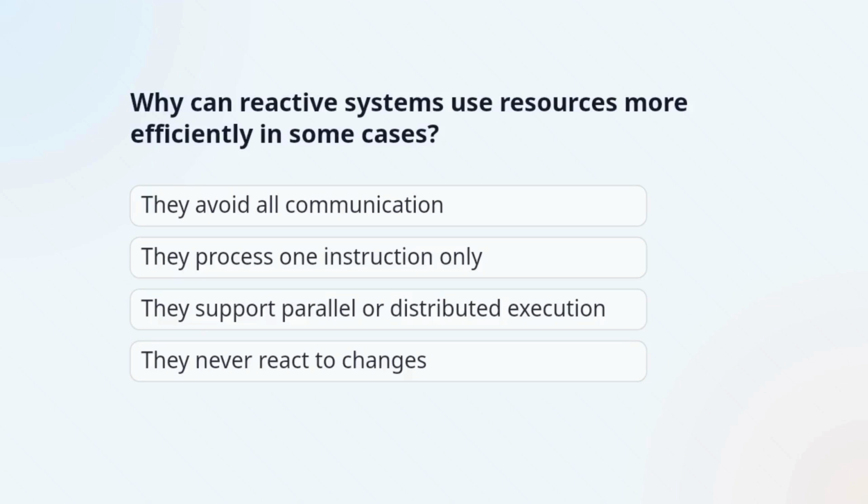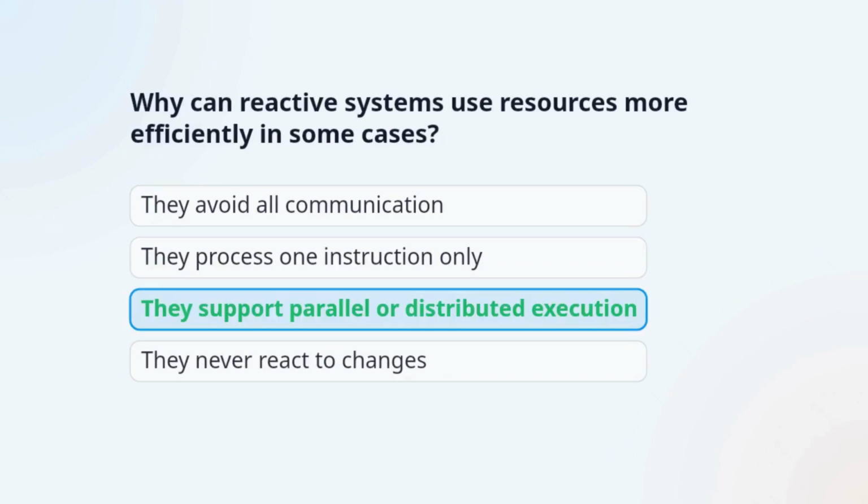Why can reactive systems use resources more efficiently in some cases? The correct answer is they support parallel or distributed execution. Reactive systems can execute multiple activities simultaneously, which can improve performance and resource usage.